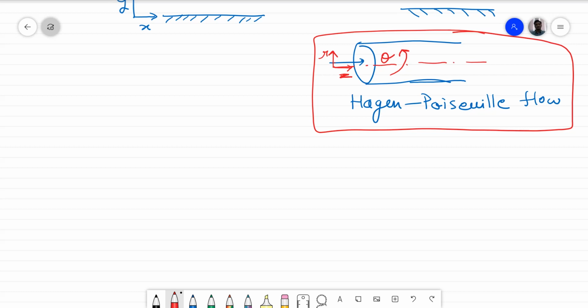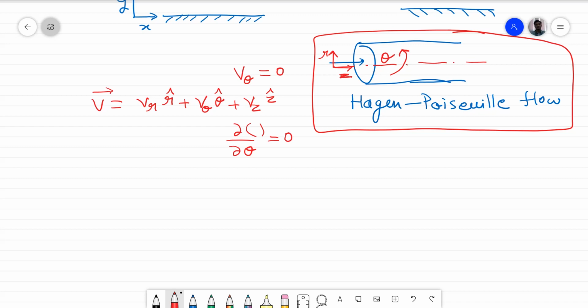So what we are saying here is that the theta component of velocity is 0, if velocity can be written as Vr r cap plus V theta theta cap plus Vz z cap, where r cap, theta cap, z cap are unit vectors in these three directions. So we are saying that V theta is 0, there is no velocity in that direction. Also, there are no changes in any variable in the theta direction.